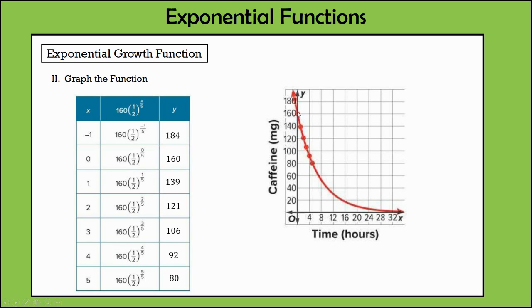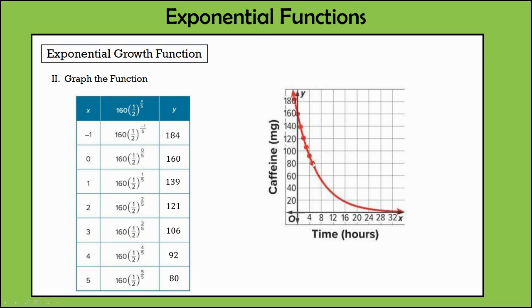At 0 we're at 160. Remember, at -1 I said we were at 184. In 1 hour, notice this is scaled by 4, so in 1 hour we're up here at 139. At 2 hours, about halfway between 0 and 4, we are up here at 121, and then we're at 106, 92, and then at 5 hours we've cut the amount of caffeine in our system in half.